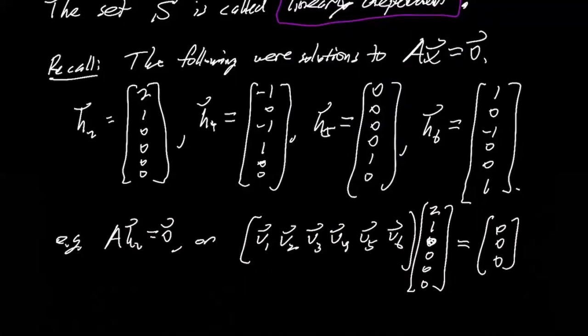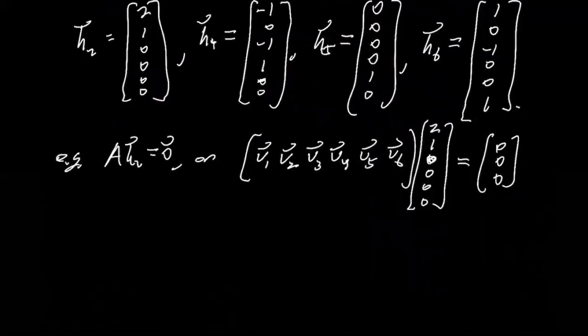But remember, there's a way to think about multiplying a matrix times a vector as thinking about these entries as weights on the vectors.